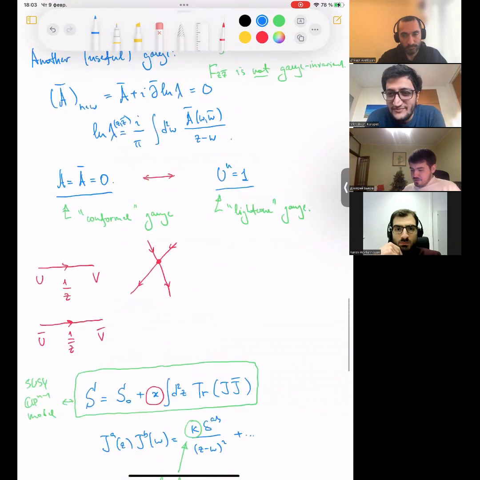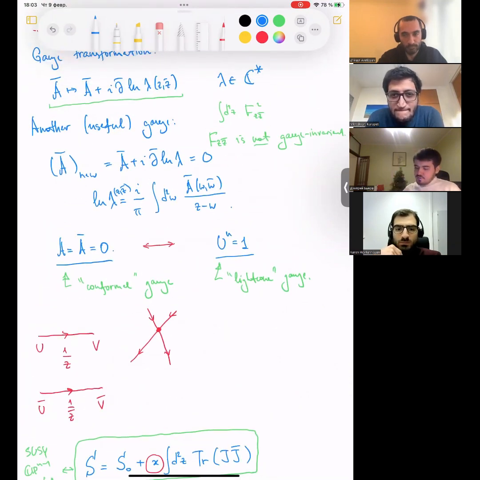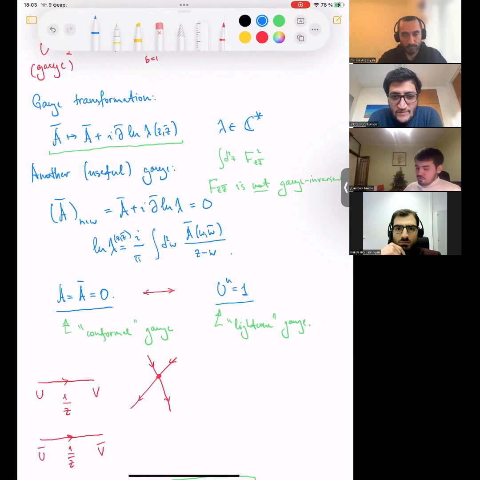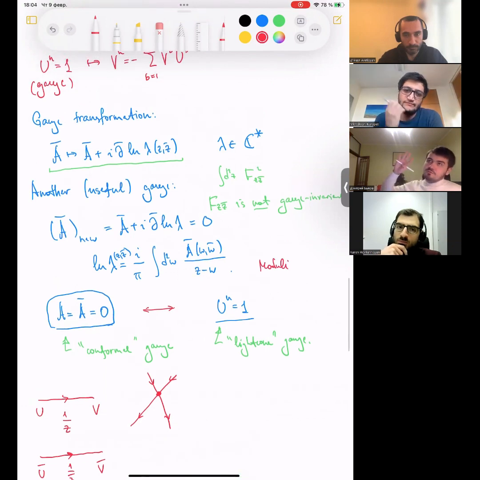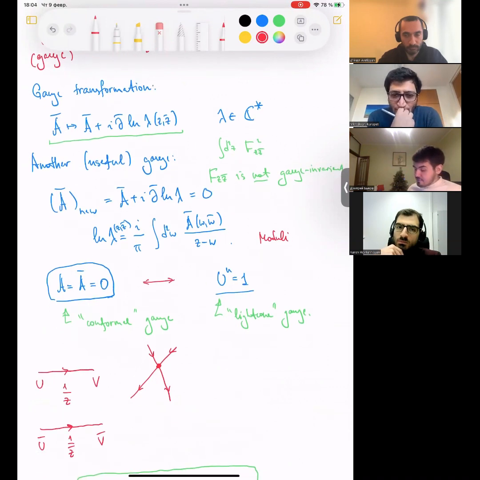Yeah, there's also the story about Riemann surfaces. Like I say, on Riemann surfaces, you cannot set A equals A bar equals 0. You would have some moduli remaining. These are moduli of gauge fields modulo complexified gauge transformations. In math, these are known as moduli of holomorphic vector bundles over Sigma.